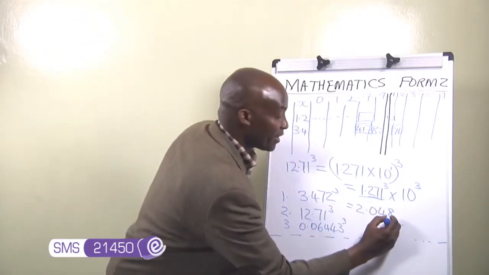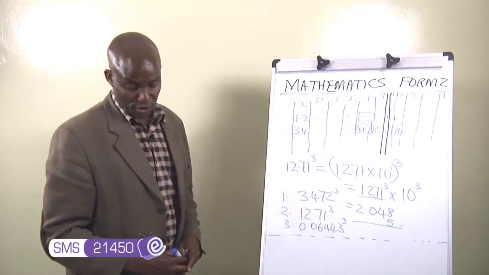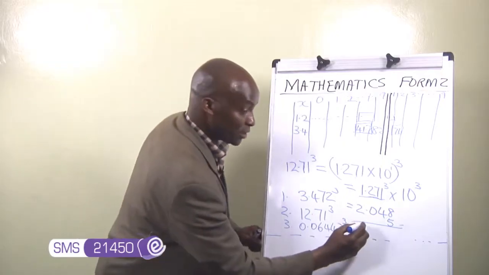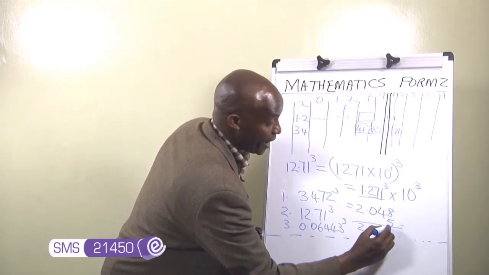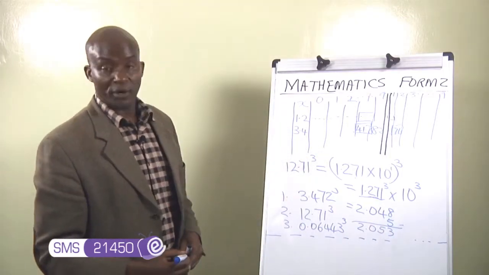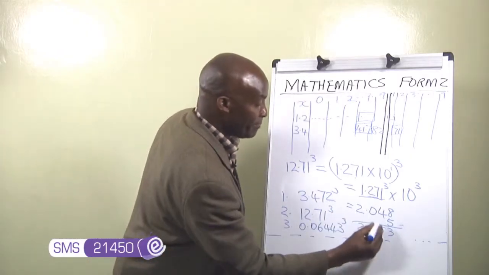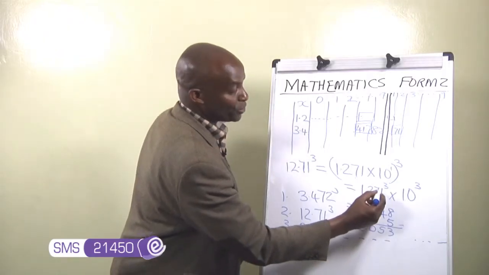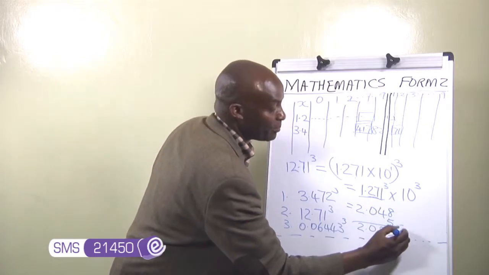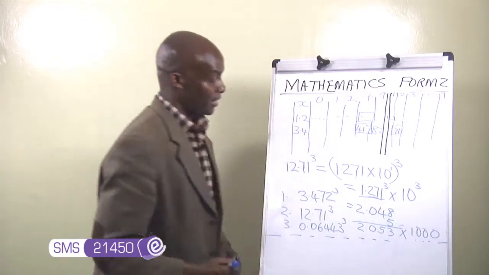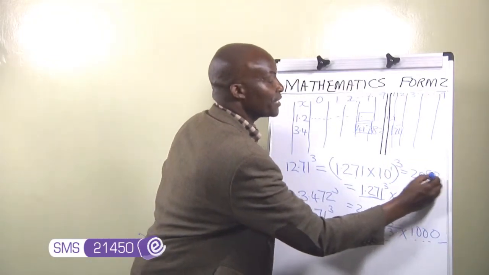So that is the number that we add, 5, and the result that we get is 2.053. So therefore, our solution becomes 1.271 cubed, which is 2.053 times 10 to power 3. That means times 1,000. And so the final result will be 2053.